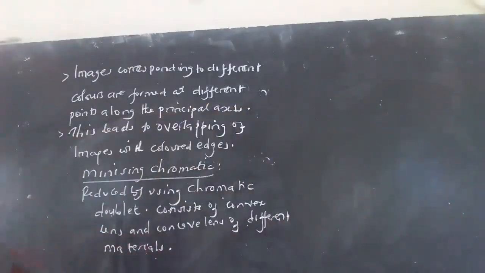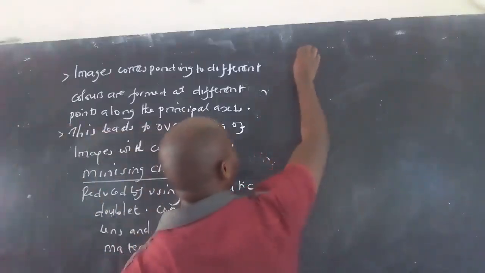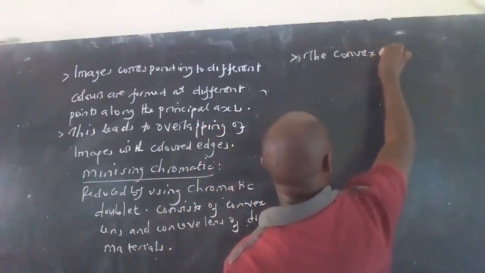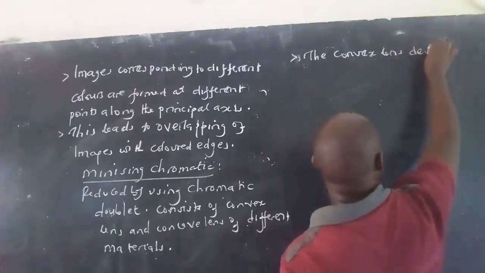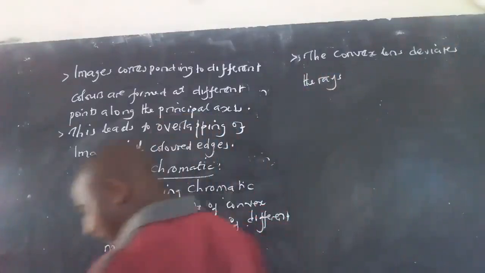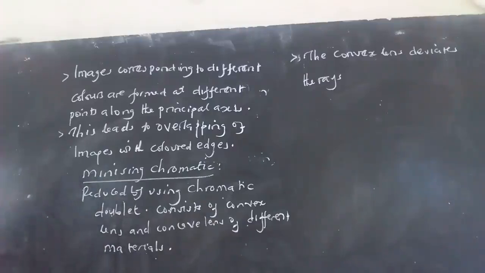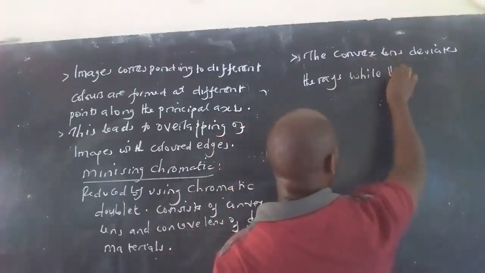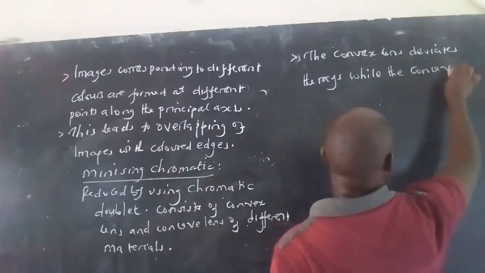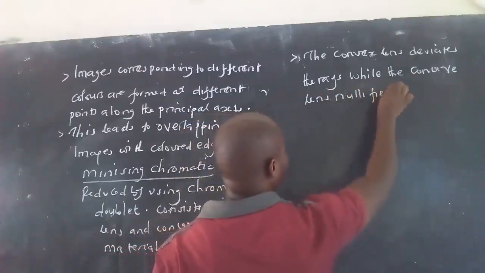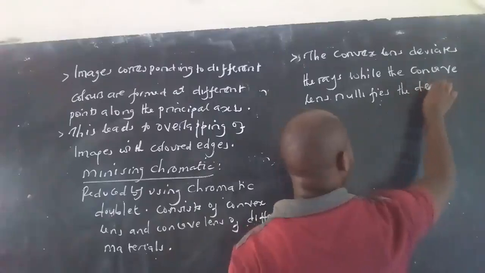Then we say that the convex lens deviates the rays, while the concave lens nullifies the deviation.